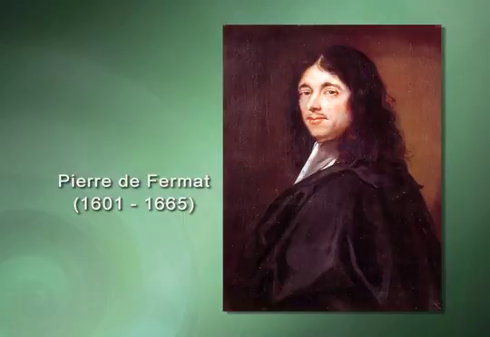He was trained as a lawyer, and for him, math was just a hobby. And he developed many of the fundamental ideas of calculus before Isaac Newton and Gottfried Leibniz actually came along and put calculus together into a package. If you go on and take other mathematics courses or read more about mathematics, you'll see the name Fermat just about everywhere. He has results in all areas of mathematics.